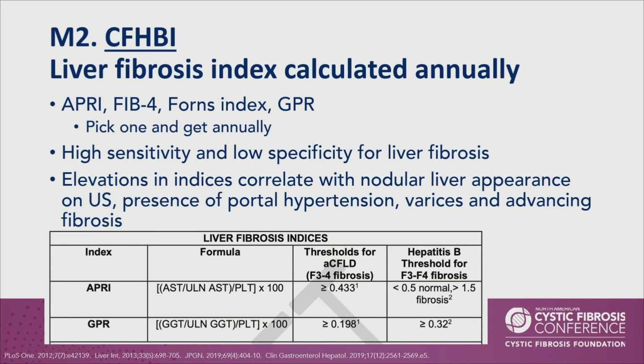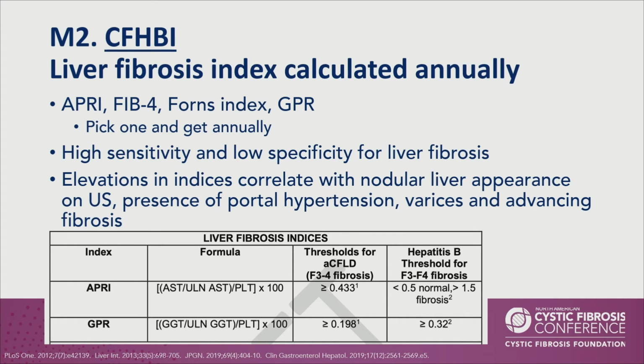The CF Foundation recommends that in persons with CF and hepatobiliary involvement, at least one liver fibrosis index be calculated annually. Liver fibrosis indices have been utilized regularly in other liver diseases to monitor progression of disease. And many of these, including the ones that David had mentioned, and I have up here, APRI, FIB4, Forns Index, and GPR, have been studied in the detection of CF hepatobiliary involvement and progression to advanced CF liver disease.